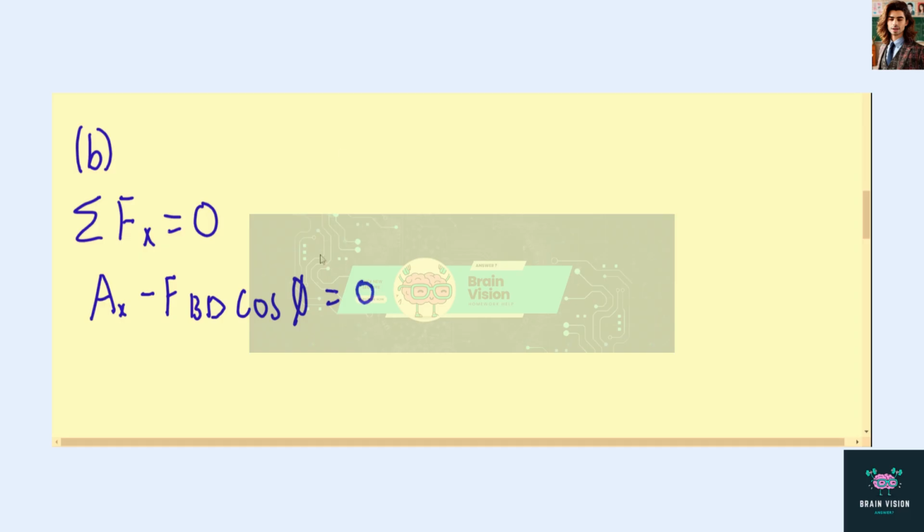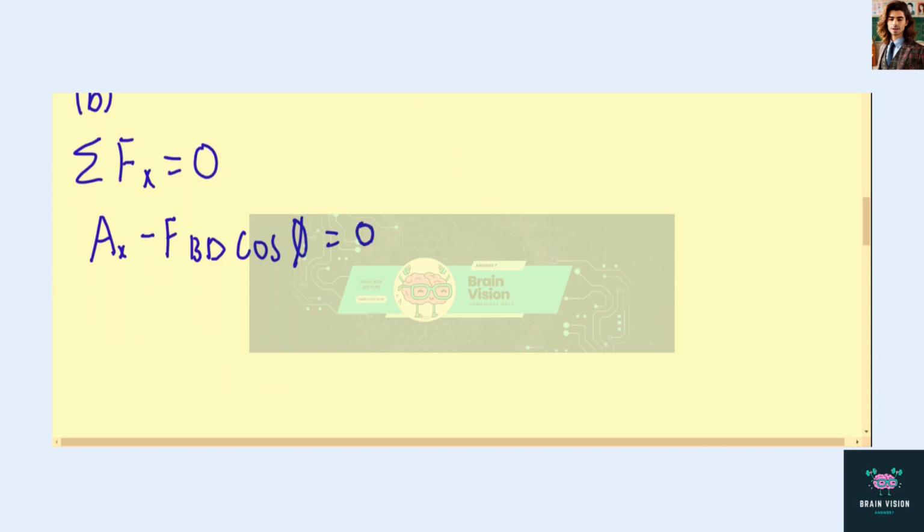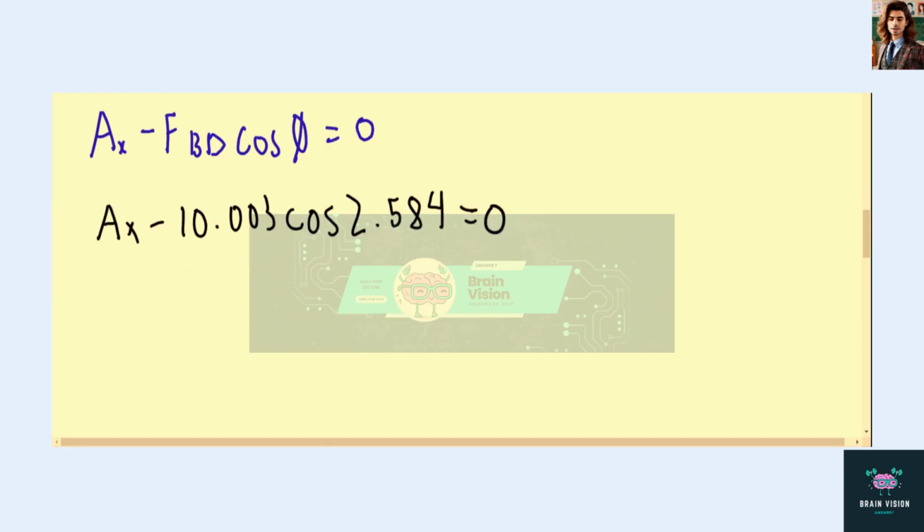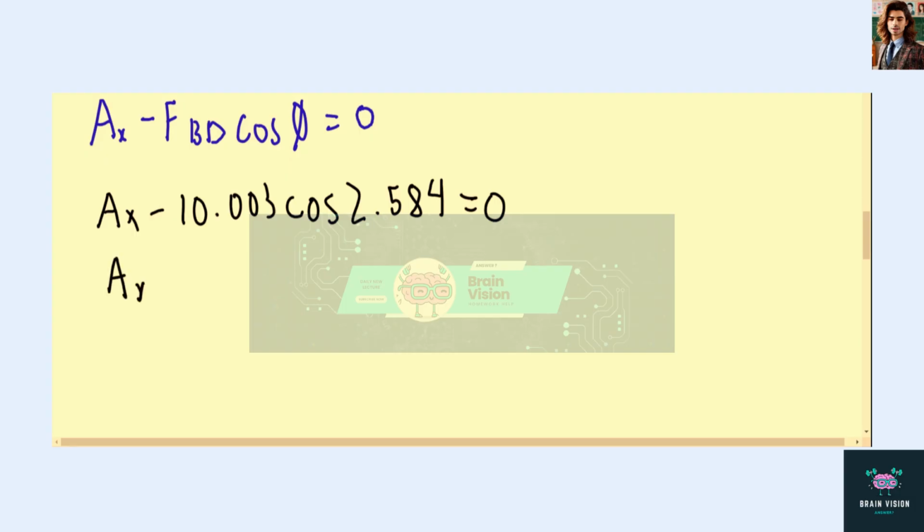We know F of BD and phi, so we can solve for A of x. Solving for A of x, we'll get a value of 9.993 kilonewtons.